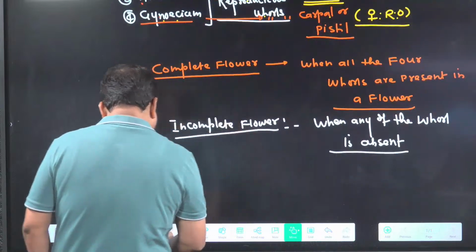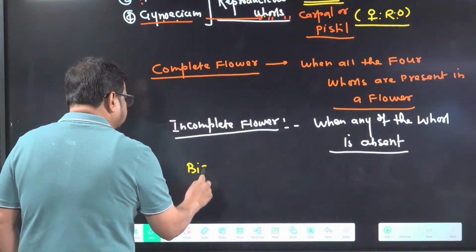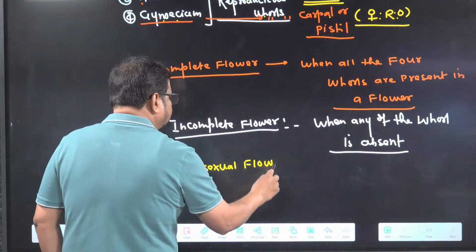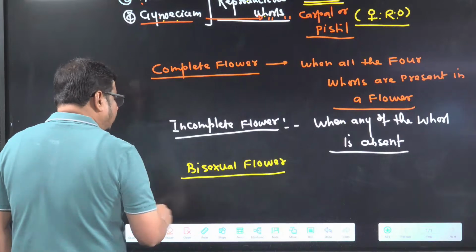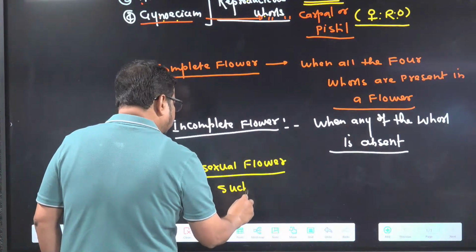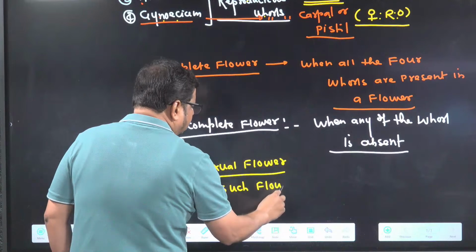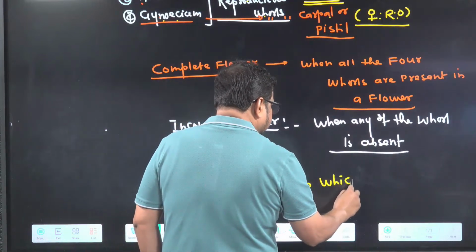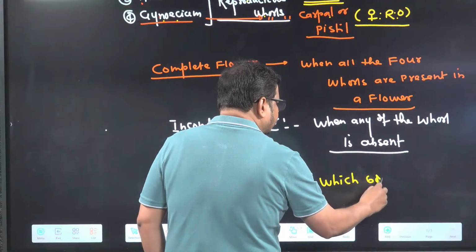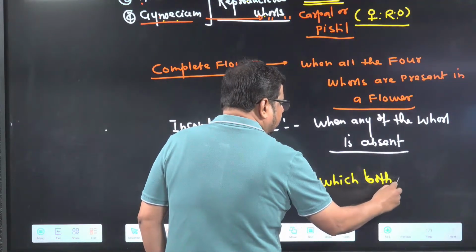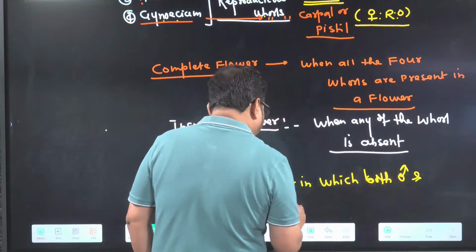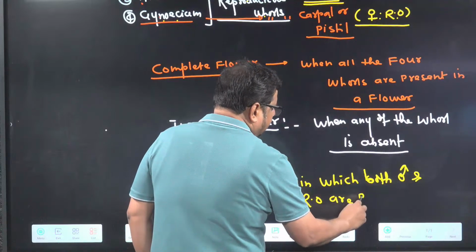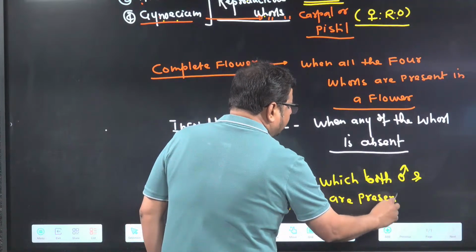Now I am telling you about bisexual flower. What is the meaning of bisexual flower? Such a flower in which both male and female reproductive organs are present is called which kind of flower?